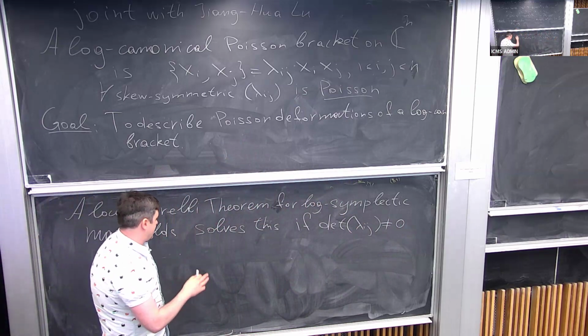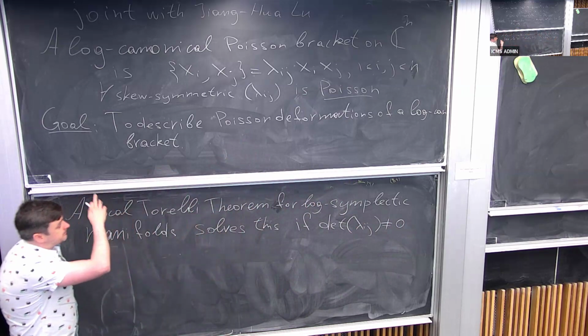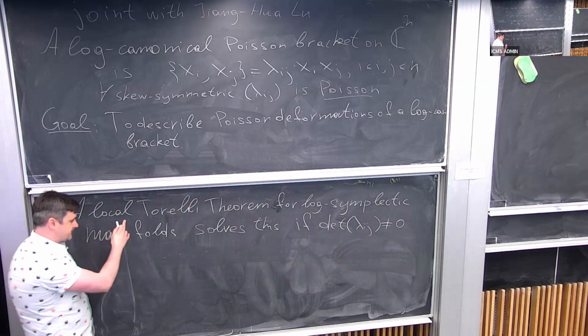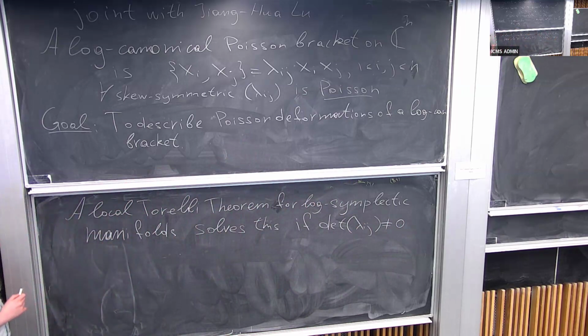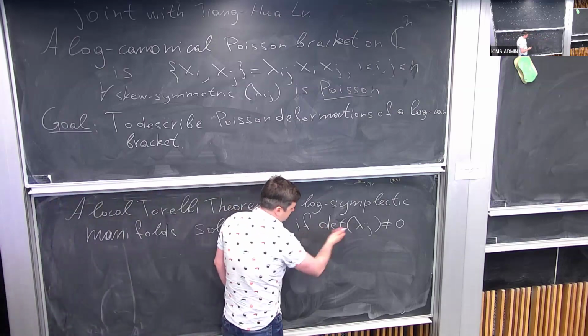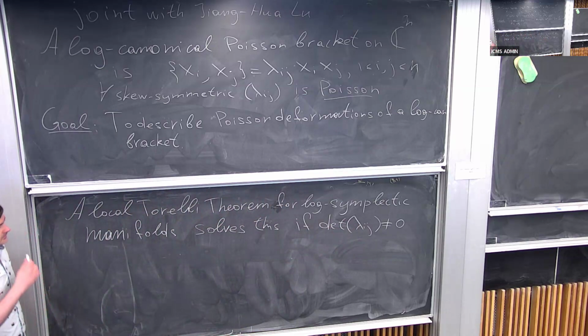So we had a general statement which was providing a solution to this goal. And I'll state some case of the theorem that we need later, but I want to focus today on the more general case when the non-degeneracy condition is not satisfied, but it can be corrected using some torus action.